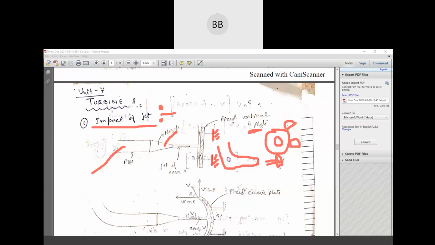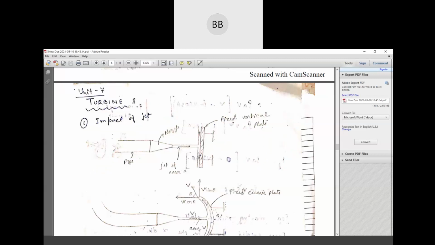One type is a vertical plate which is fixed. This impact object with the vane is called impact of jet, okay. So this is our first scenario, okay.